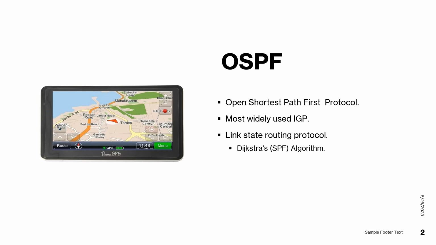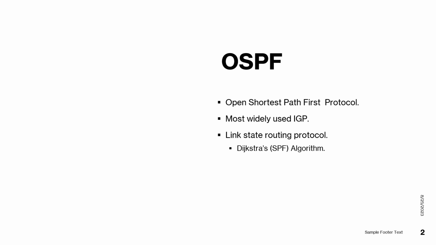They have a complete map of the network, and if you have a full map of the network, you can calculate the shortest path to all the different destinations out there, like you use your navigation system to reach a particular destination. Link state protocol functionality is pretty simple and similar to a navigation system.